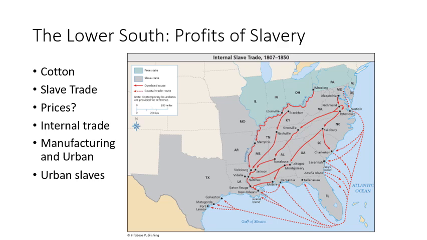But then you have to look at the slave trade. Basically, the price of an enslaved person would vary according to their age, their sex, skills they might have, and then of course market conditions.